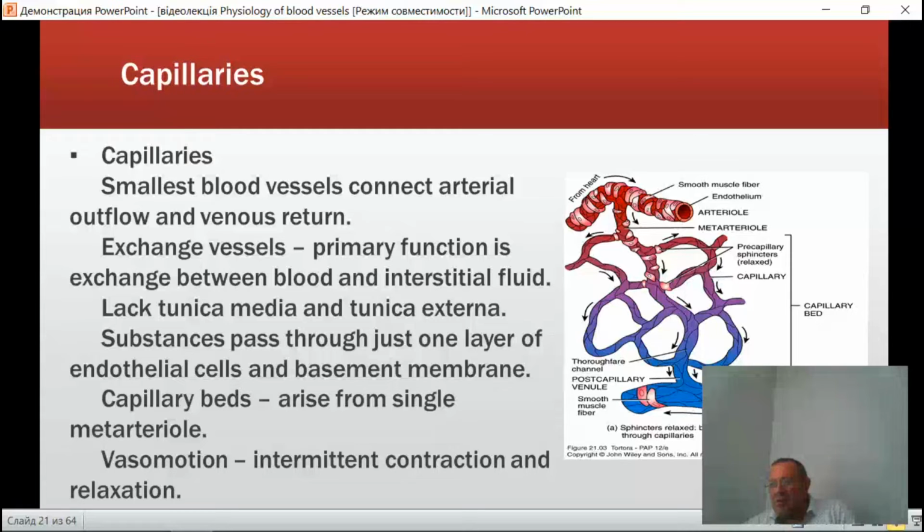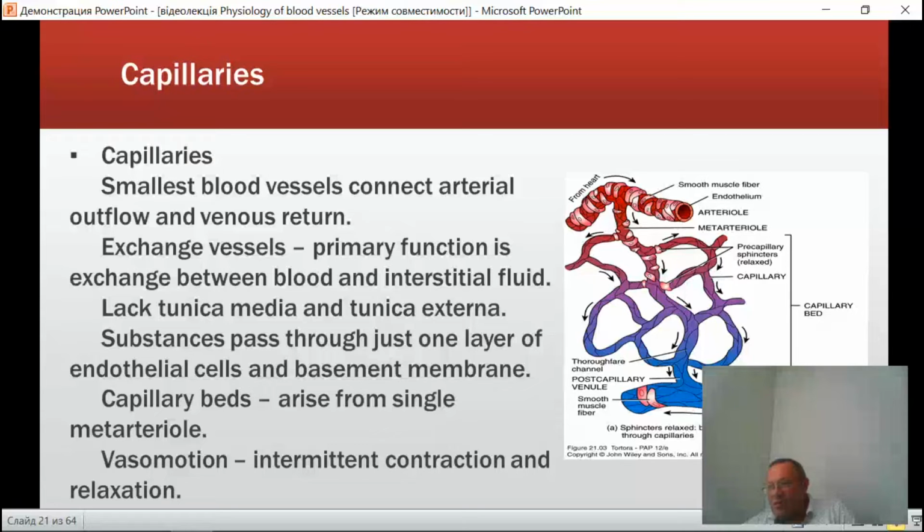Like tunica media and tunica externa, substances pass through just one layer of endothelial cells and basement membrane. Capillary beds arise from a single metarteriole.